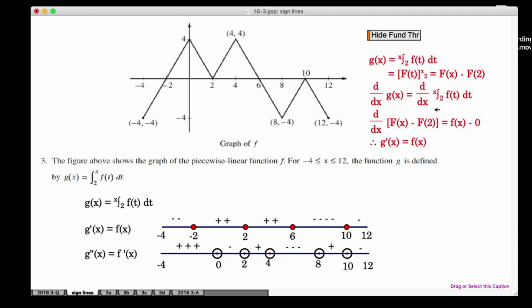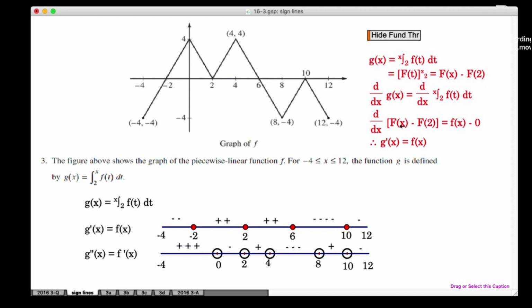So the derivative of big F would be back to little f, and it'll be little f of x. And since this is not a composition of functions, the derivative of this is simply f of x. And f of 2 is a constant, so the derivative of a constant is 0.